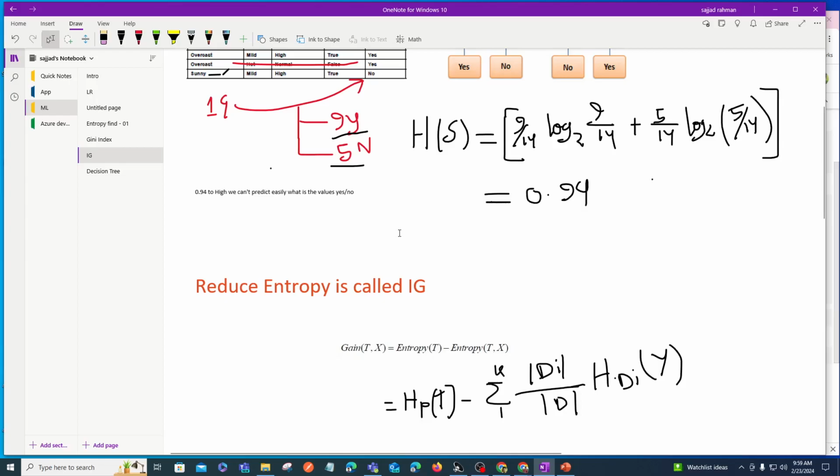First of all we have to pick sunny, and we already found the entropy of sunny. If you forget, you can go back and see it, and find the entropy of overcast. We can denote entropy for overcast, and then the entropy of rainy.